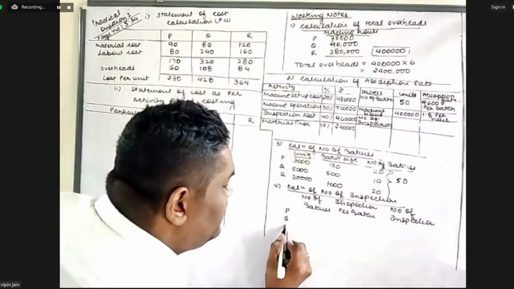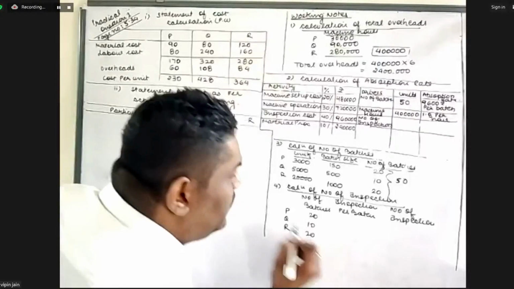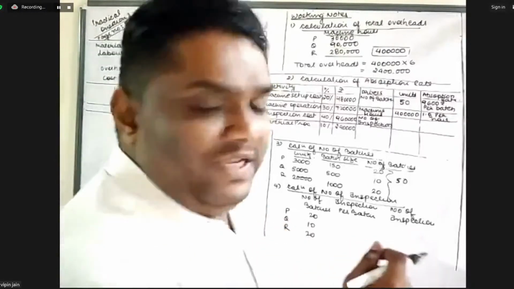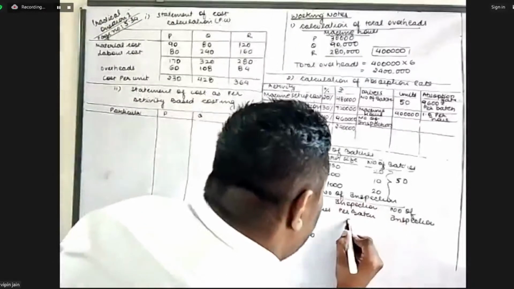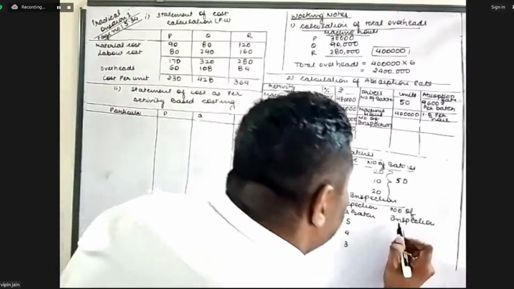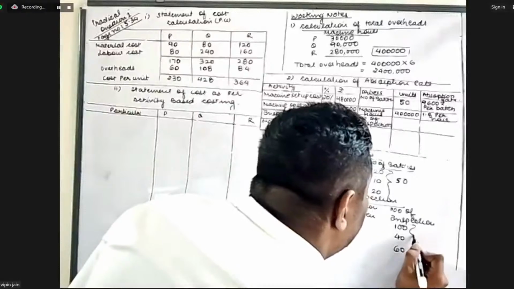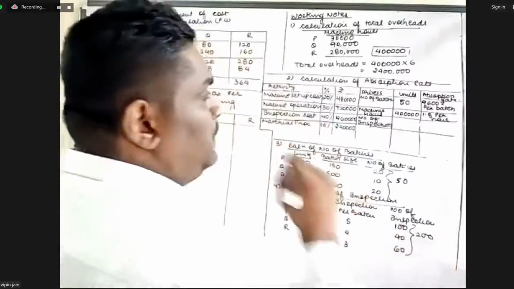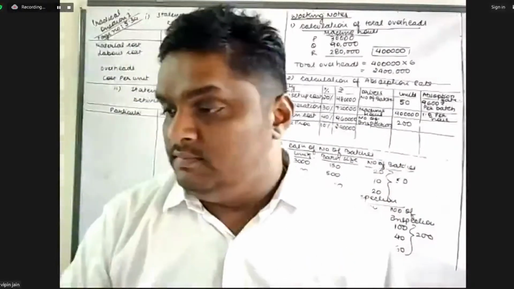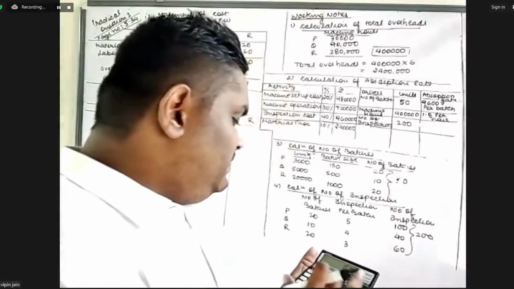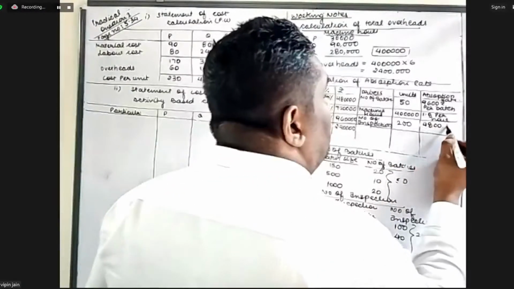So there are 3 products P, Q, and R. Number of batches we have already calculated, that is 20, 10, and 20. Inspection per batch is given, that is 5, 4, and 3. So 5 into 20 is 100, 40, and 60. So in aggregate 200. So 9,60,000 divided by 200, you'll get 400 per inspection.